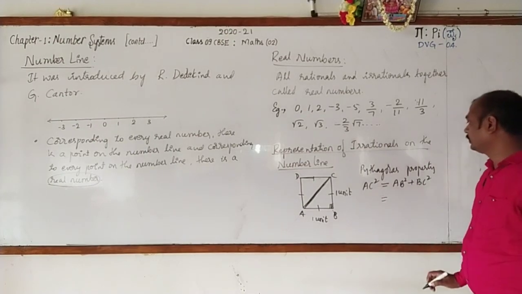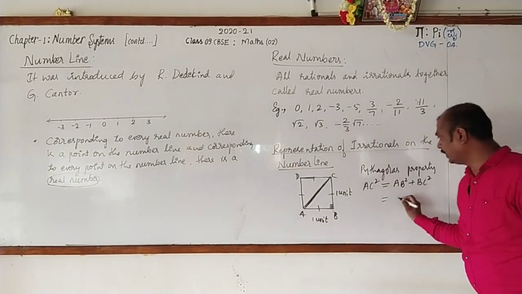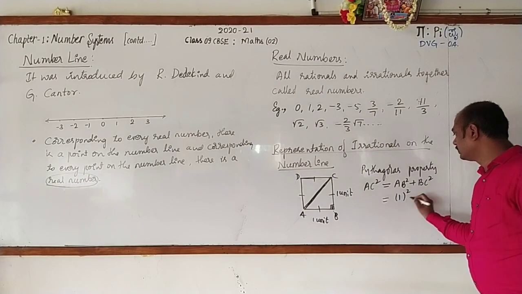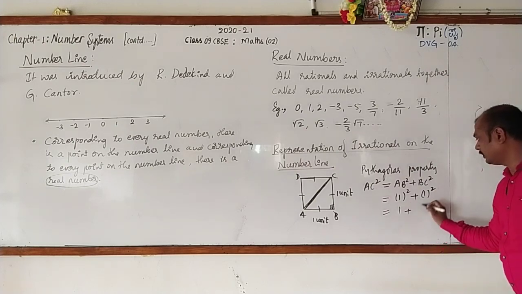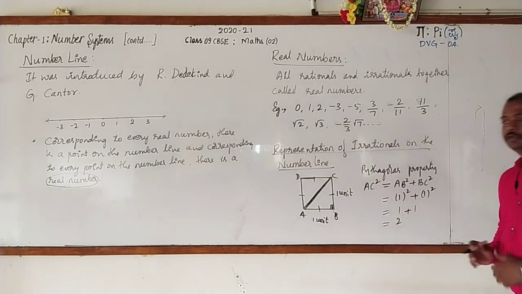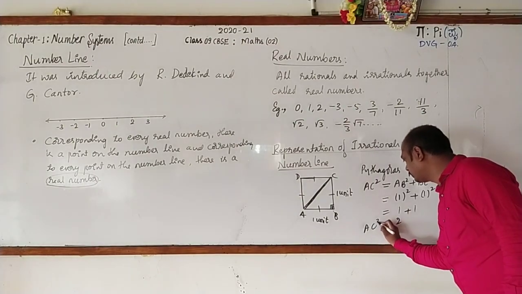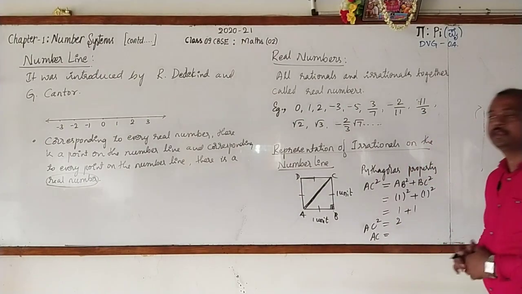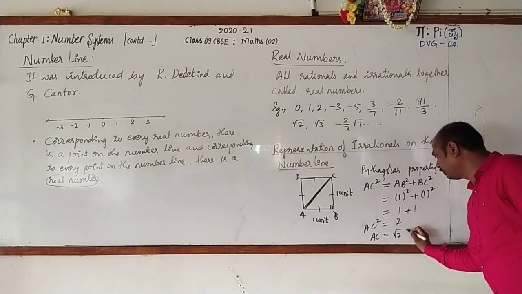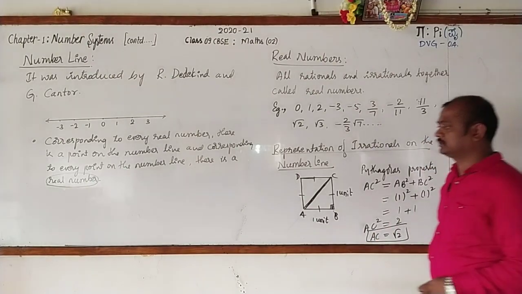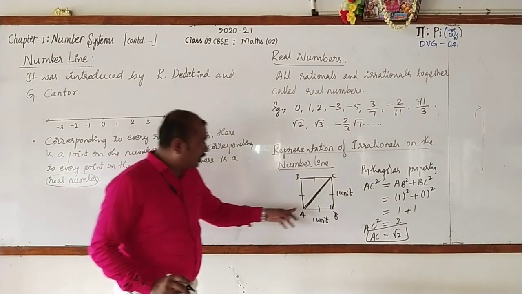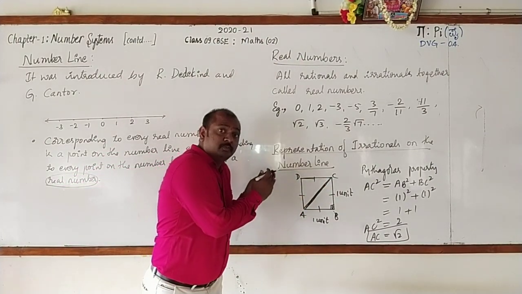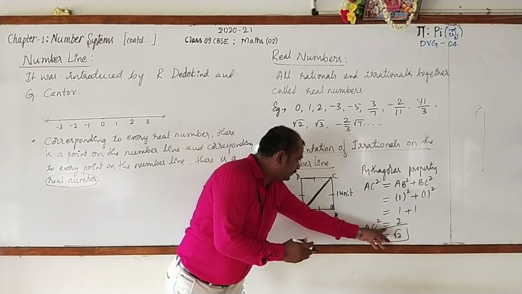And this is equal to, what is AB? 1 unit, 1 whole square. BC, 1 unit, whole square. What is 1 square? It is 1. Again, 1 square is 1. 1 plus 1 is 2. AC square is equal to 2. Then what about AC? AC is root 2. Got it? We got the length of AC.